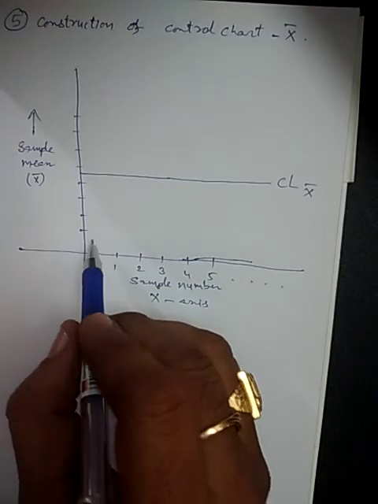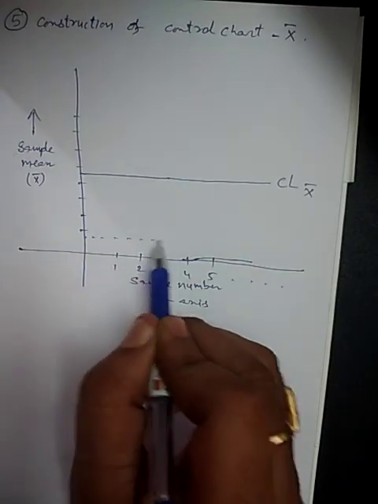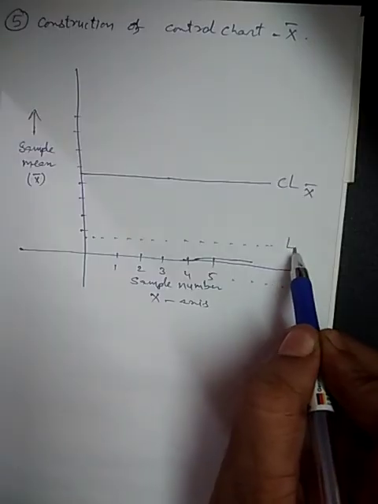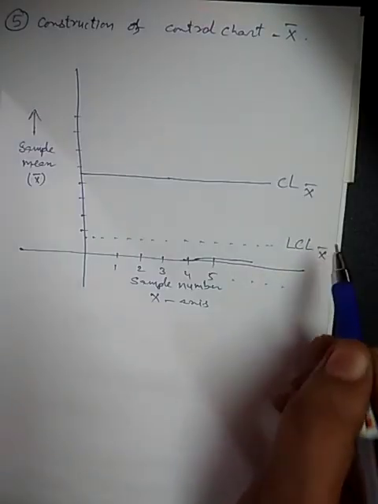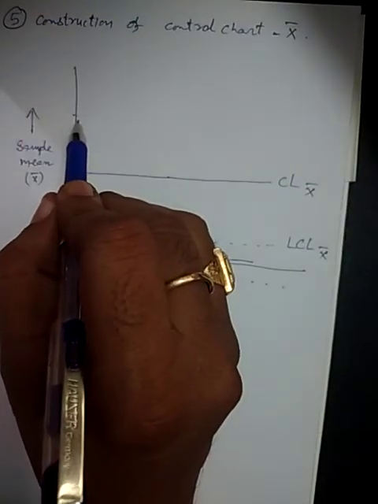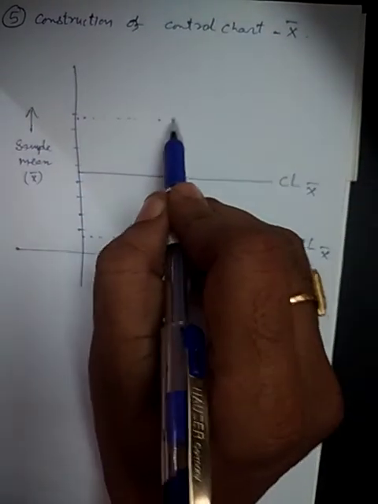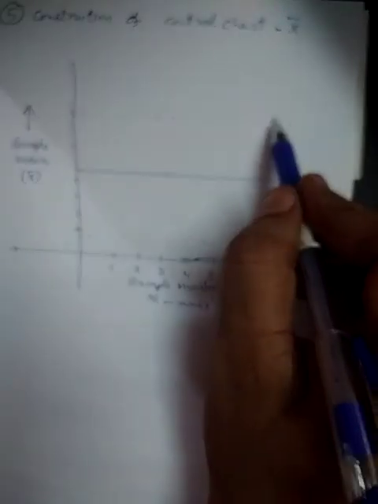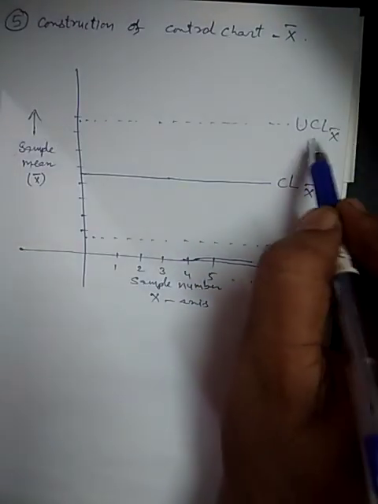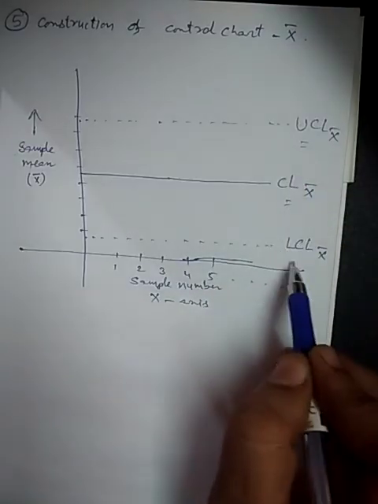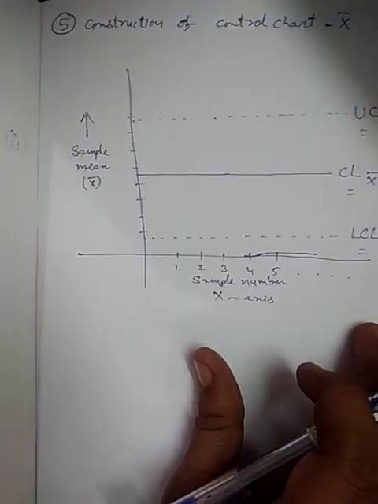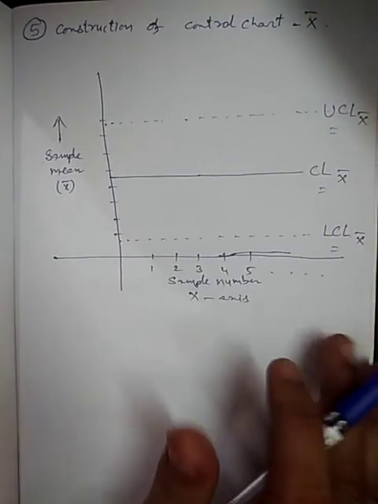And the other two lines, LCL and UCL, you draw as dotted horizontal lines, LCL of x bar and UCL of x bar, each with some particular value. Based on this, now I explain.